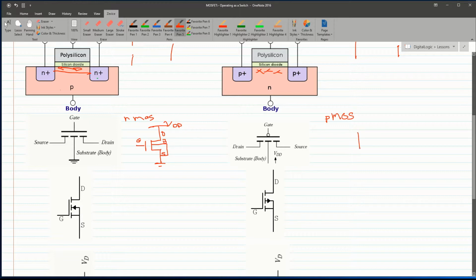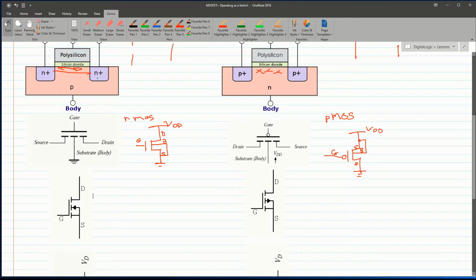For the pMOS, we've got our drain down here, we've got a source, we've got our gate, and we've got a circle here to say it operates directly opposite to the way the nMOS does. And the body is connected straight up to source again.